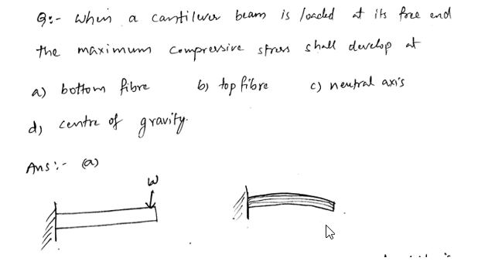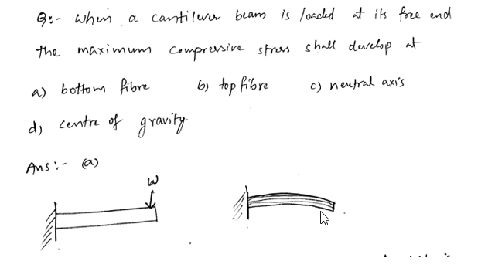So if you observe here, when this cantilever beam is subjected to load at its free end, it will bend like this, and the top fibers are stretched or elongated, the bottom fibers are compressed. So we can say that the top fibers are stretched, meaning the corresponding stress will be tensile stress.